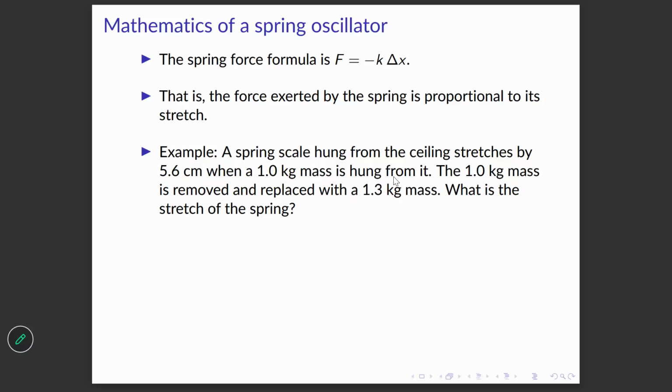Solve for x. Mental math says that's 7.3 centimeters. 1.3 times 9.8 over 175, right? .073.